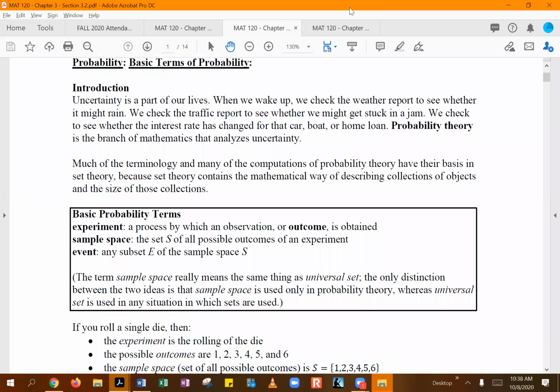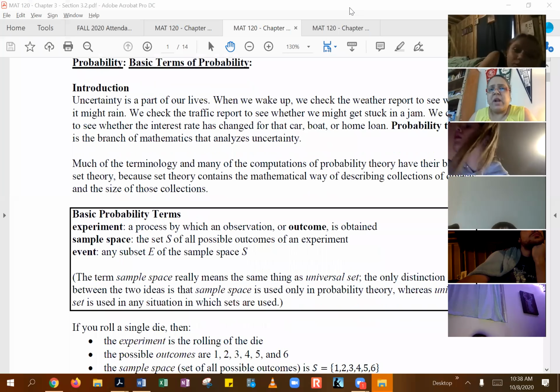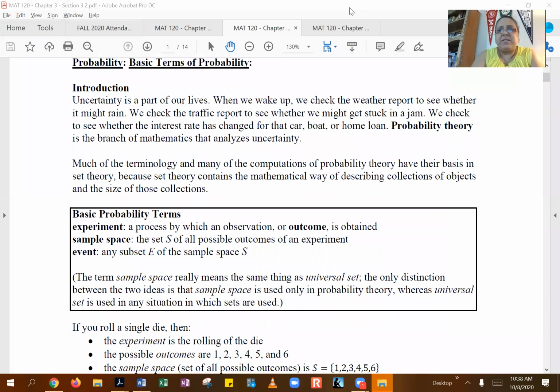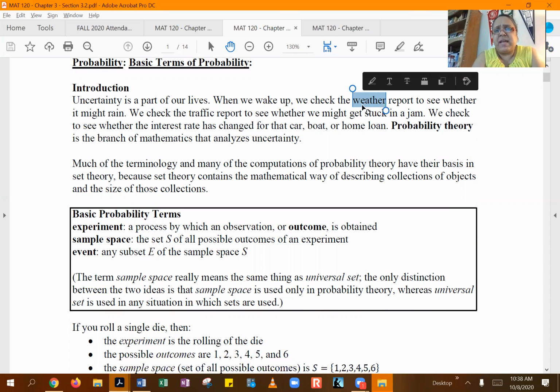And when we're talking about probability, we're actually talking about uncertainty. So if you look at the examples here, they're talking about how when you wake up, you may check the weather report to see if it's going to rain, or I would say snow, since we're getting closer to the winter time now.